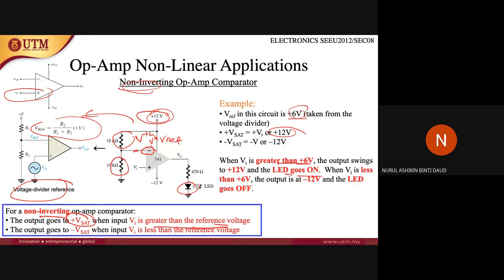When VI is less than 6 volts, the output is at minus 12 volts, and the LED goes off.